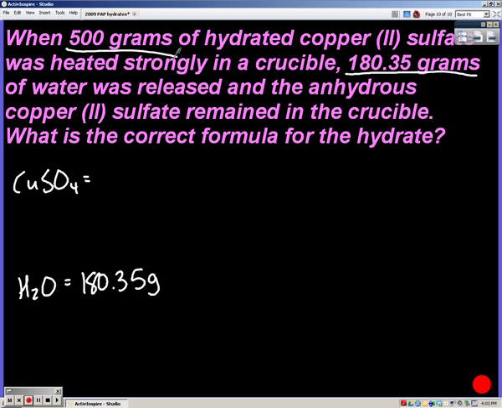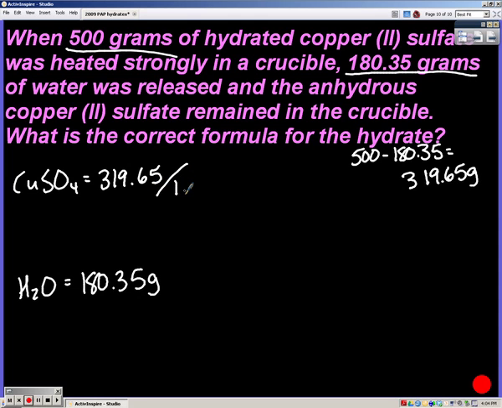And I know the mass of my entire hydrate, so 500 minus 180.35 grams gives you the mass of copper 2 sulfate, which is 319.65. Divide by molar mass. Divide by smallest, which is 2.